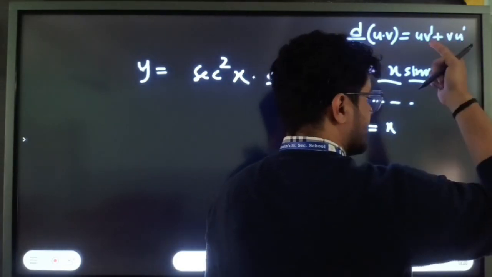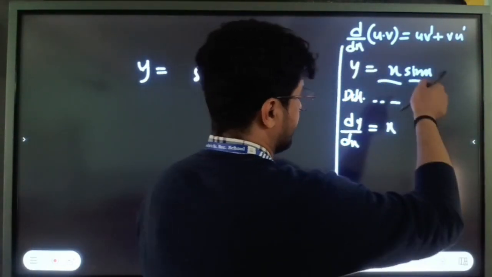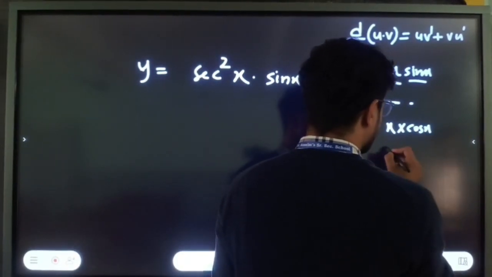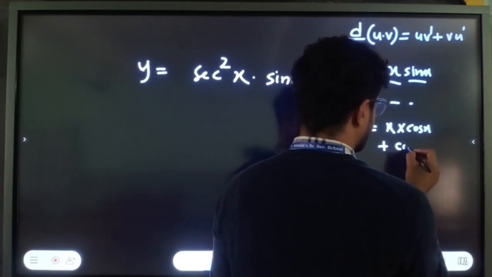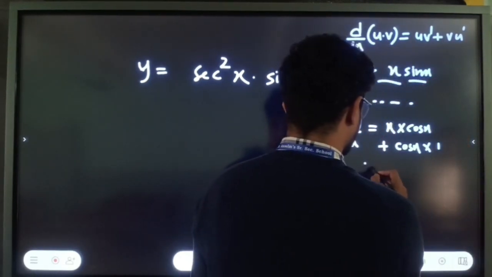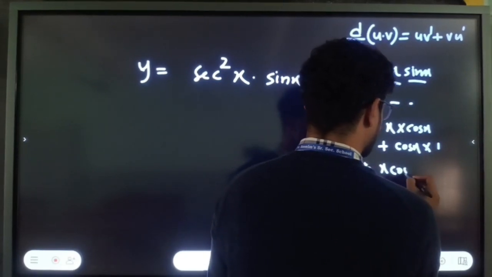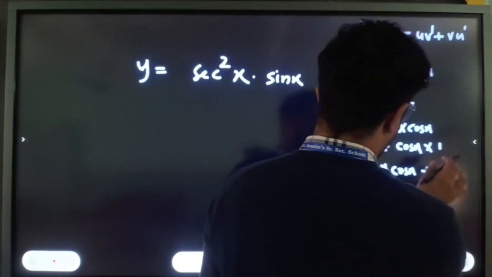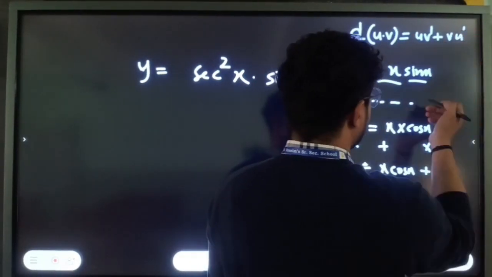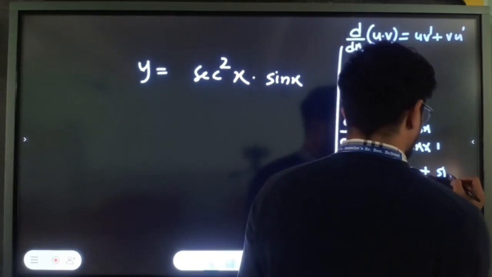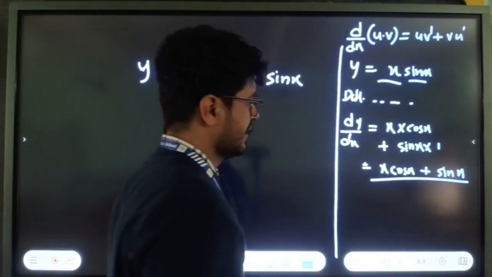For v dash, the derivative of sin x, we have a formula, that is cos x, and v as it is, sin x, and the derivative of x is 1. So x cos x plus sin x only. That is the answer of this function.